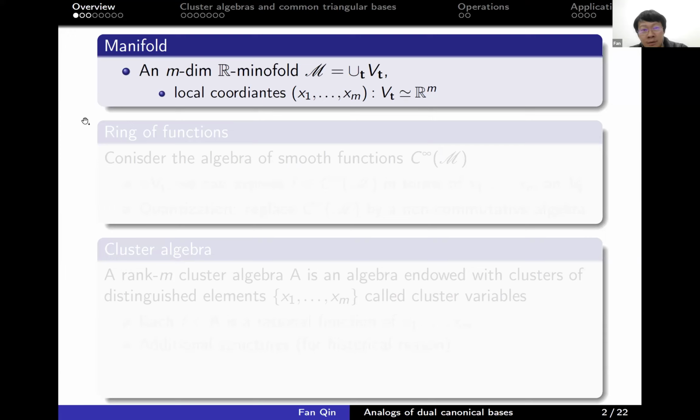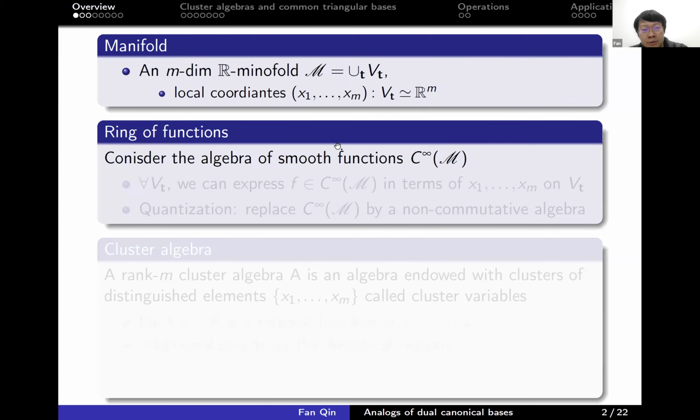But in mathematics and also in physics, it is often useful, instead of considering this geometric object, to consider the functions on this geometric object. So let us consider smooth functions on this manifold. For each choice of neighborhood, you can express any smooth function in terms of the local coordinates, right?